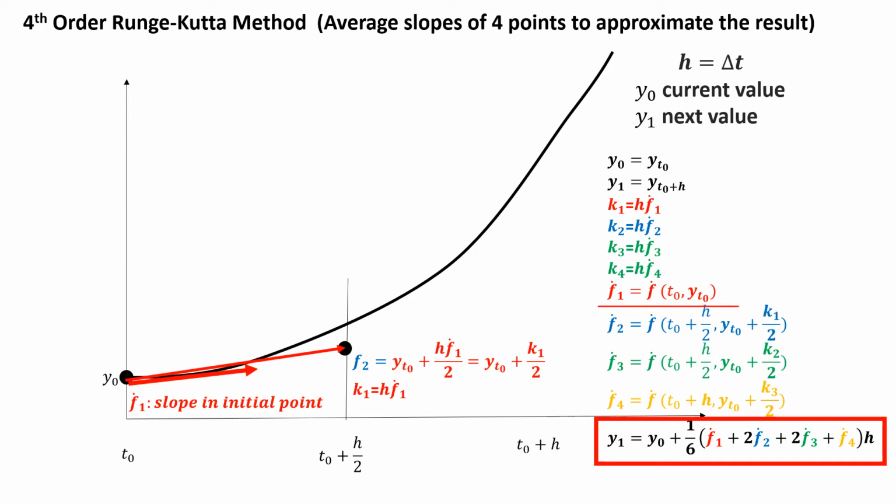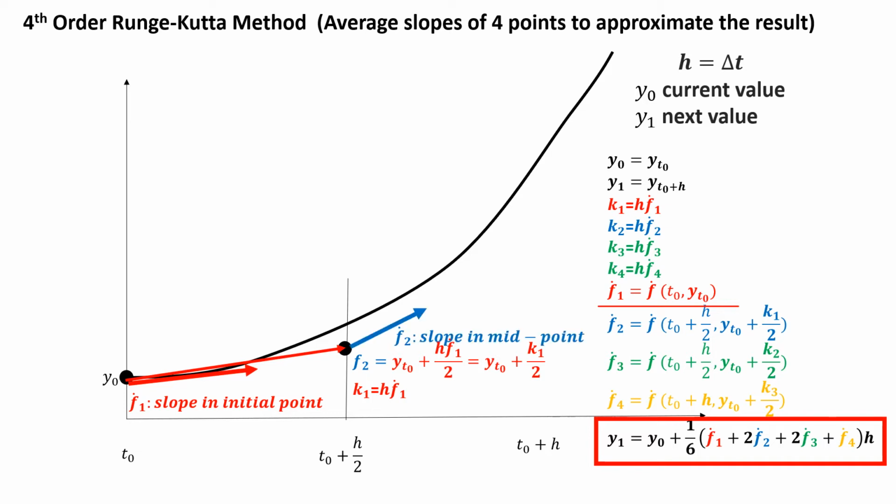We use the slope multiplied by the time duration, and we get, at the previous point, this point value. If I say h, the delta time, multiplied by f1 dot is k1, this becomes y at t0 plus k1 over 2. Okay, so we get the second point.